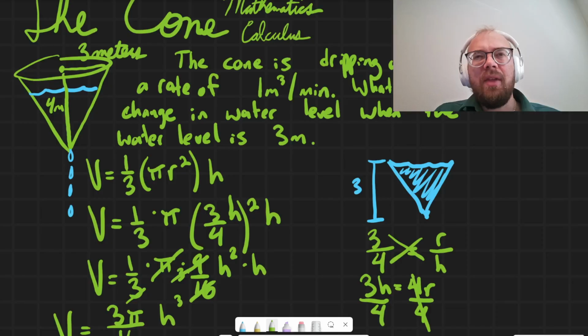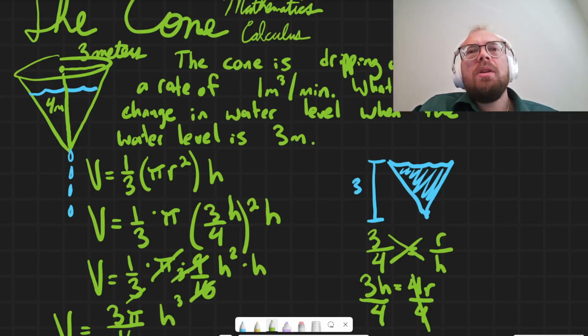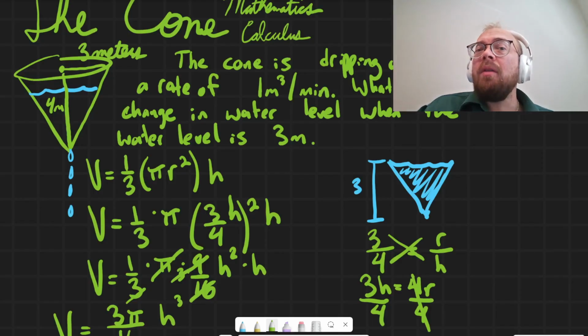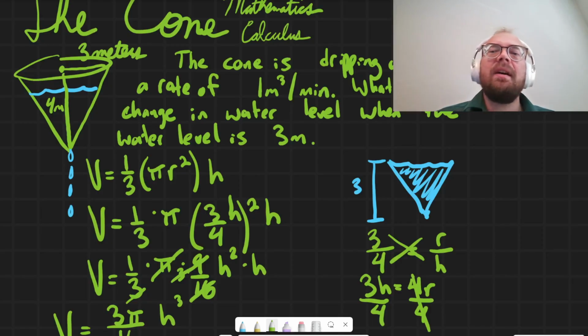The reason why I know that's dV/dt is because when you think about dV/dt and what that means, it's the change in volume per change in time, or change in volume per amount of time. And that is what 1 meter cubed per minute is. Meters cubed is a volume, and then minutes is time.